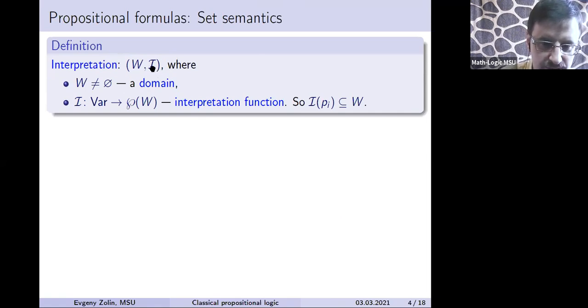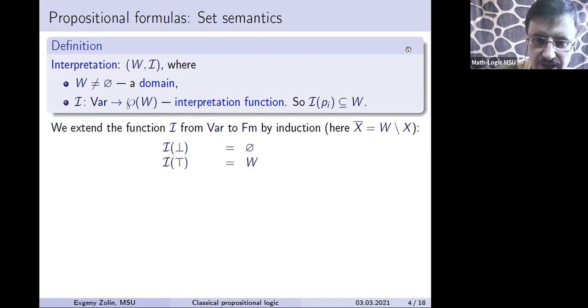And I is an interpretation function. It takes a variable and returns some subset of W, arbitrary subset, including empty, including the whole set W. So P of W is the power set, the set of all subsets of W.